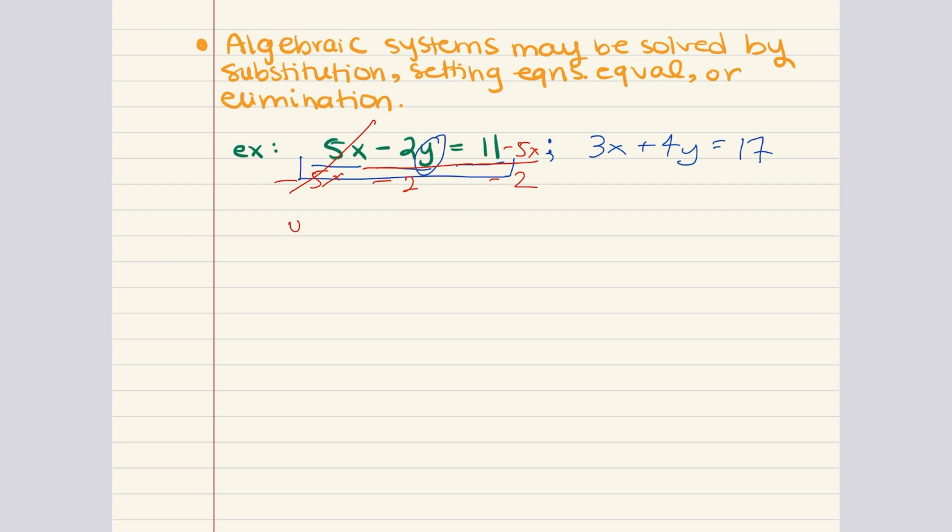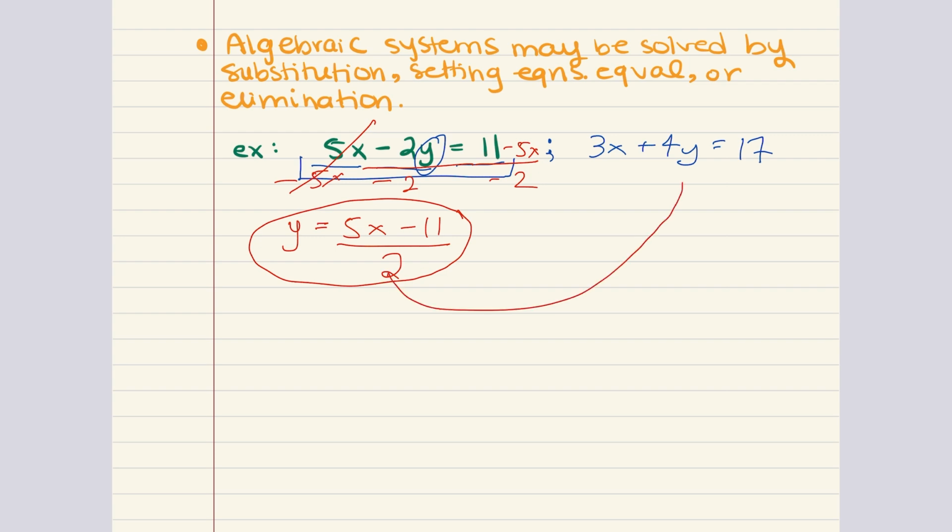When we do that, we get that y is equal to (5x minus 11) divided by 2. Then we're going to take this equation for y and plug it into the second equation. So we have 3x plus 4y, where y is equal to (5x minus 11) divided by 2, and that is all equal to 17.